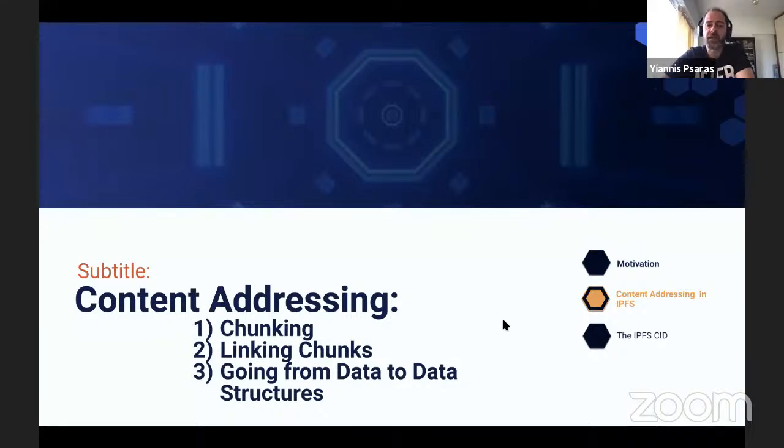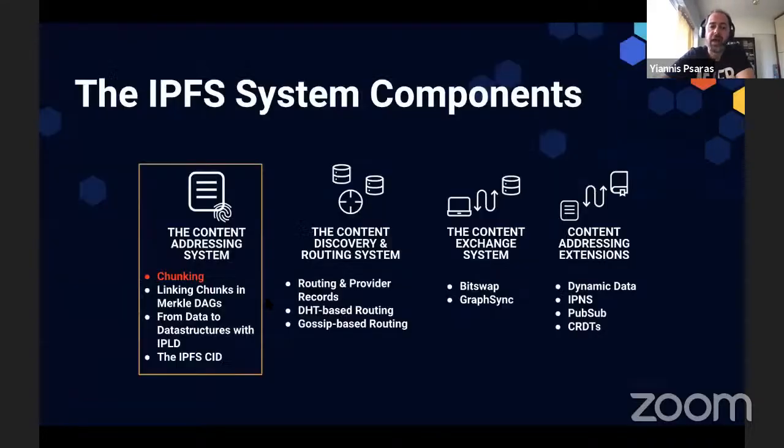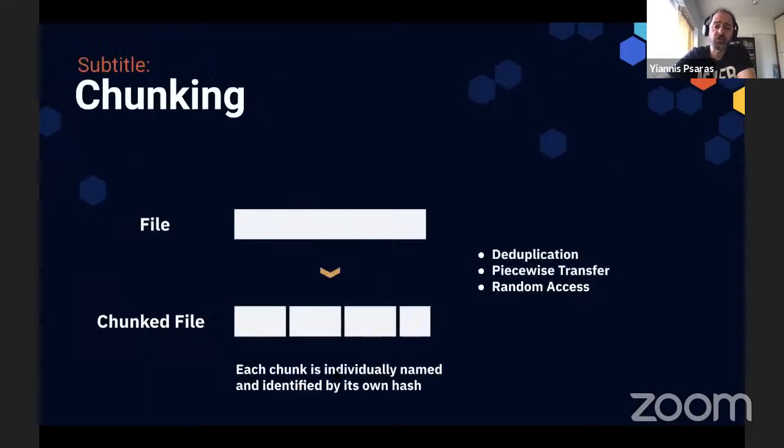So let's get into it and talk about chunking and how we then link chunks in Merkle DAGs, and so on. So what is chunking? Chunking is when you take a file, a big piece of content, and break it down into smaller parts.